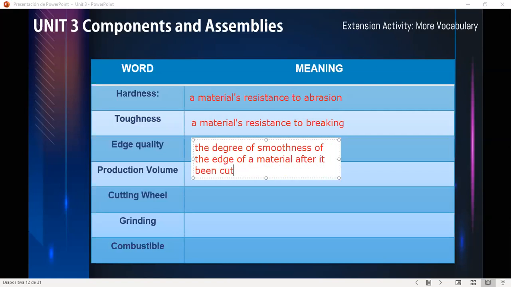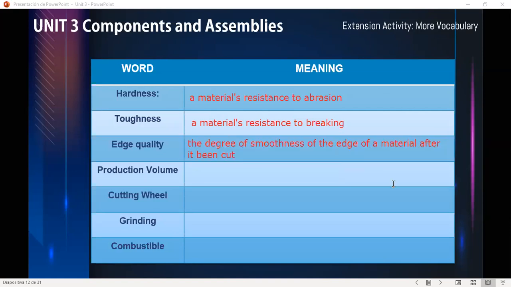I mean, after you cut the material, what about the edge? Maybe it has a good cut and a slim edge, or maybe it has a soft edge, a linear edge.